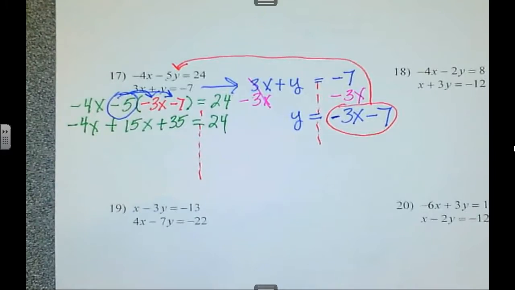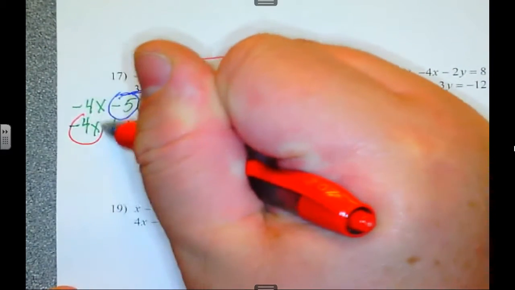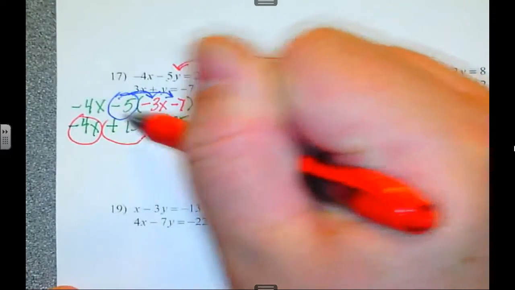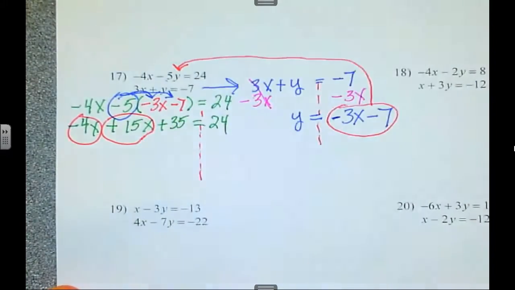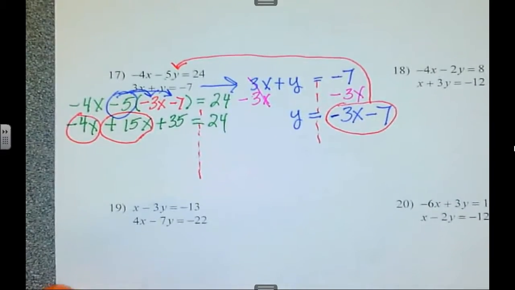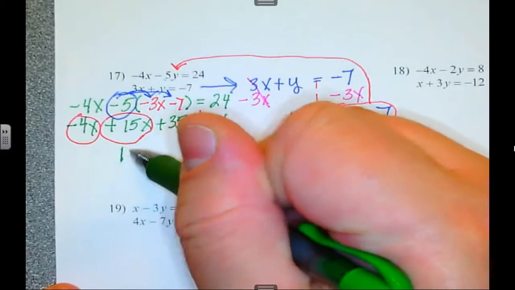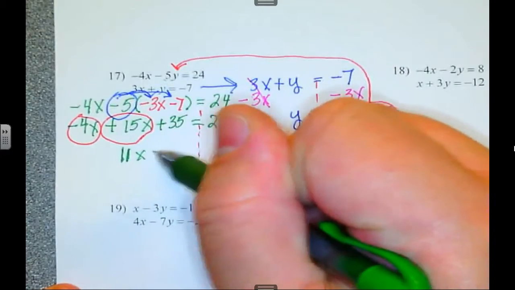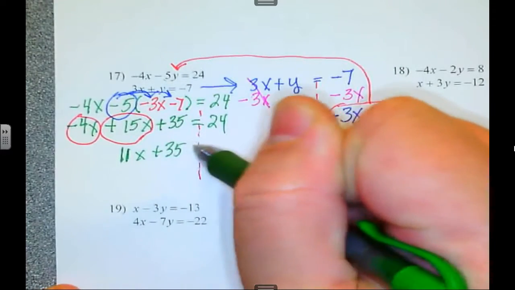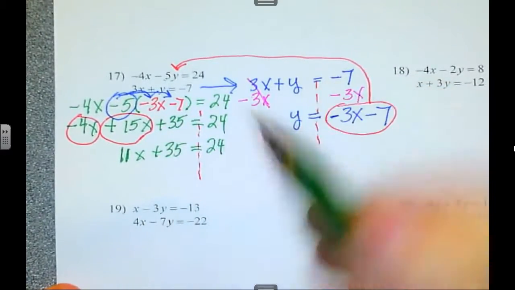Alright, I have like terms on the same side of the equal sign, so I'm going to combine like terms. Negative 4x plus 15x, 11x, bring down my 35, equals 24.